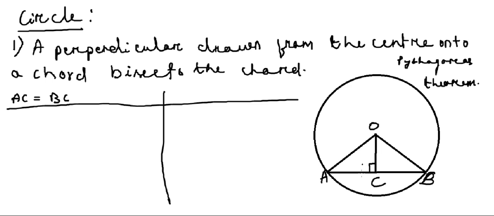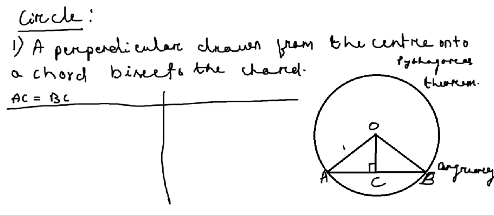At the same time, when you have two triangles and you are to prove that sides of those two triangles are equal, then you should think about one concept, which is congruency. By using either of these two, this can be proved, that AC is the same as BC.